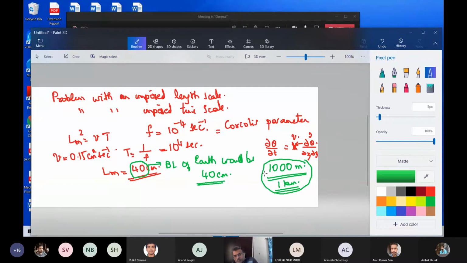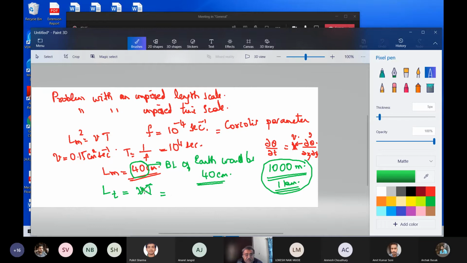Now let us see what the boundary layer height would be if it were turbulent.